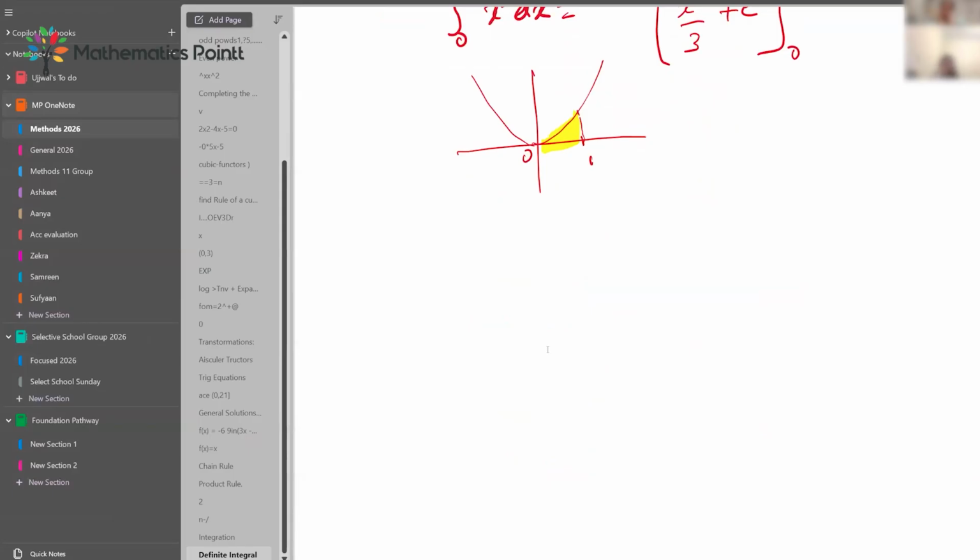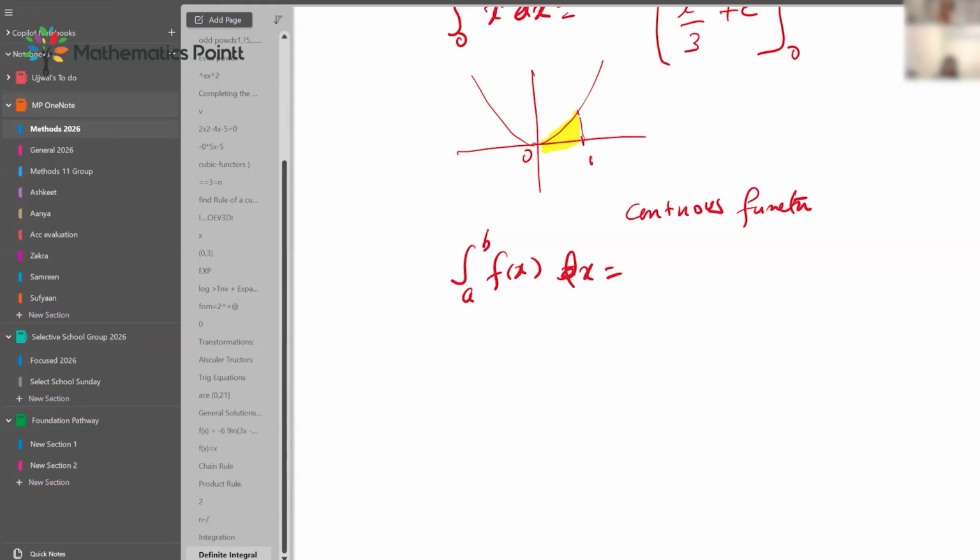It tells us that if you have a function f of x between a and b, and that function is a continuous function, that means there's no breakpoint in the function, then you can find the definite integral between a and b of f of x dx.